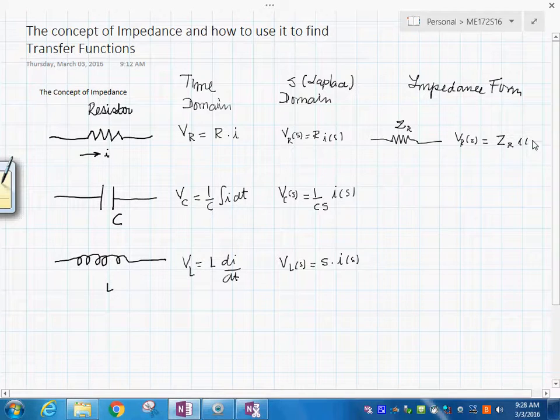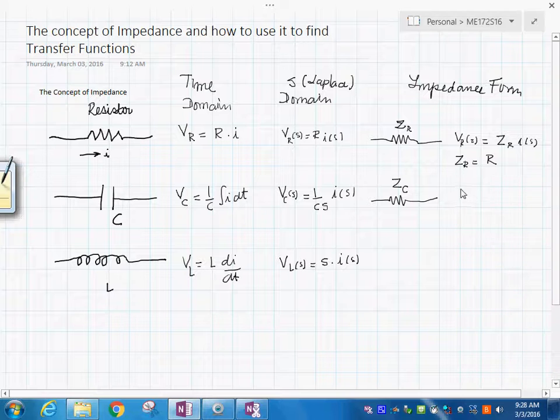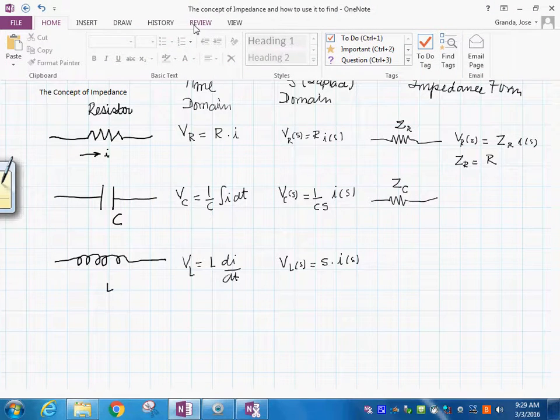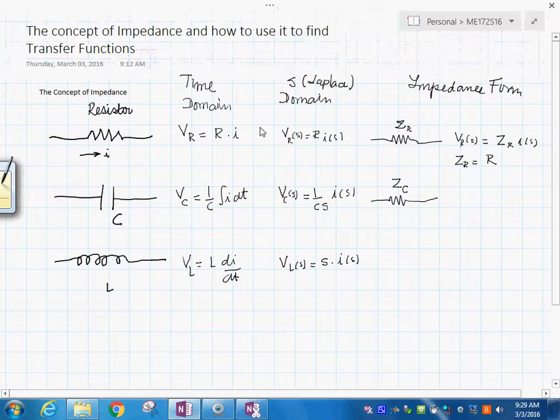If we look at this as if this would be a resistor, this Z of C, because you have the equation in here, let's use a different color to illustrate that. In reality, this thing here is our Z. So we can write the equation that you have on the right hand side.